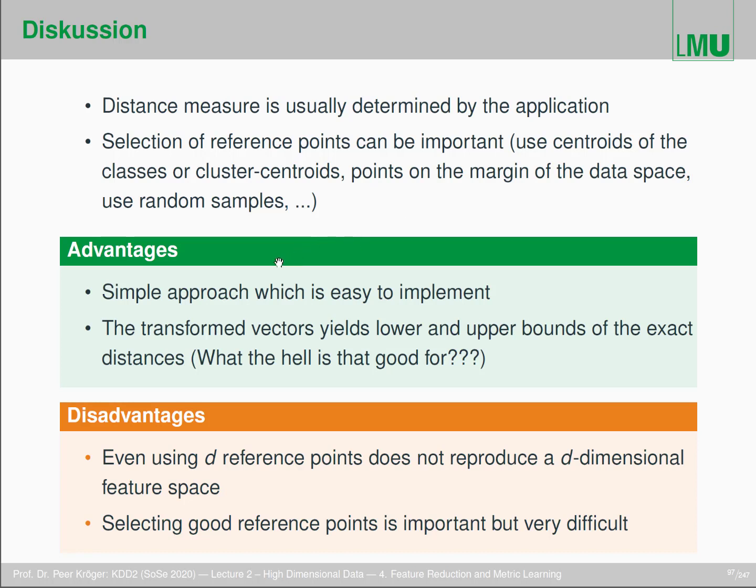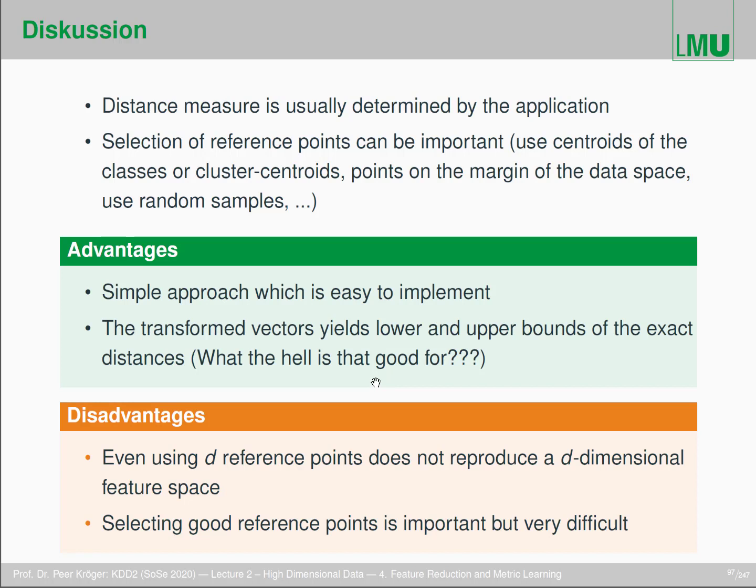Anyway, there are some advantages. It's a very simple approach, very easy to implement. You just have to compute the distances of all the points to the reference points, which could be kind of costly, but that's pre-processing, so why bother? And the transformed vectors typically yield upper and lower bounds of the exact distances. You may ask what that is good for.